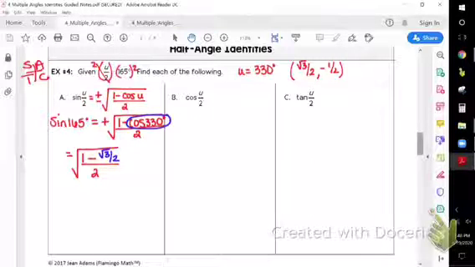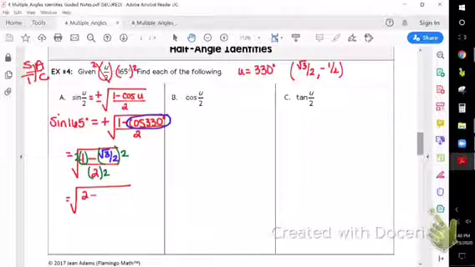And let's see, we don't like fractions within fractions. So we can multiply every term by that denominator there to get rid of it. And so when I do that, we got the square root of 2 minus, those are going to cancel, so I have the square root of 3, all over 4.